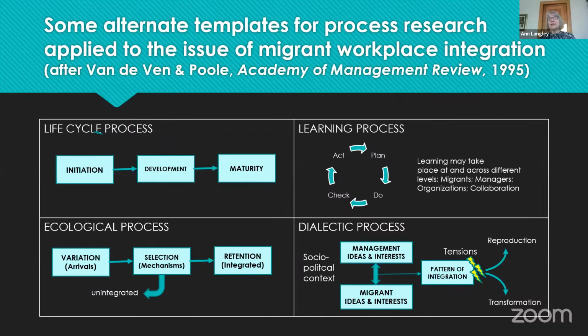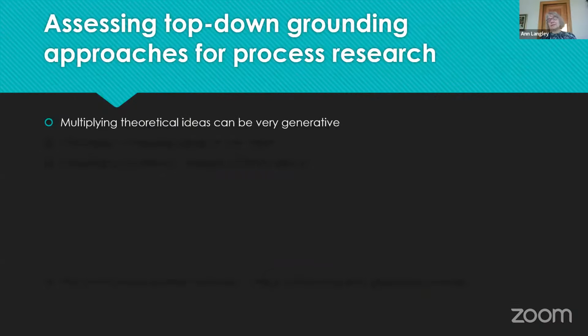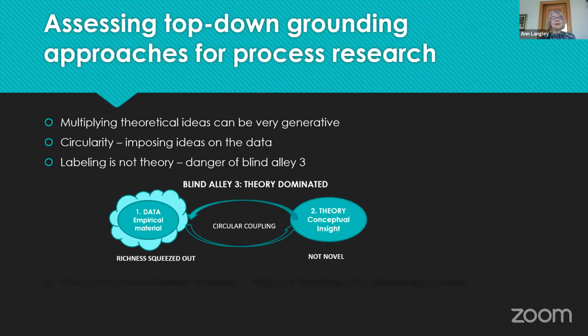So I've always found actor network theory to be an interesting theory. It's a process theory that might apply here as well. So the basic idea is that taking theories and trying them out is very generative in terms of process theorizing. That is the point I make here.